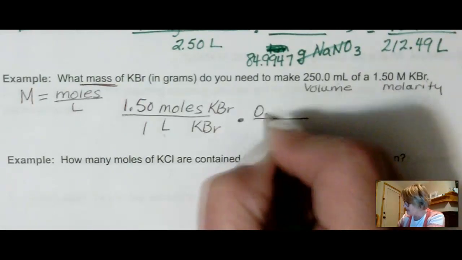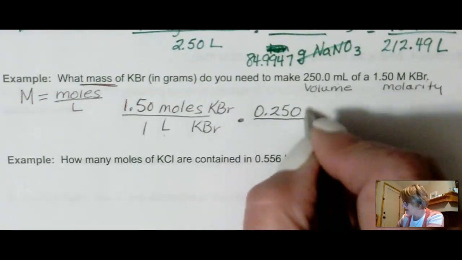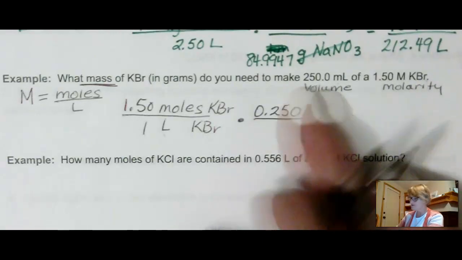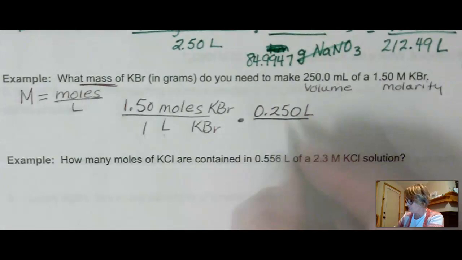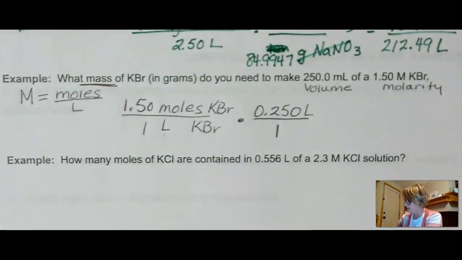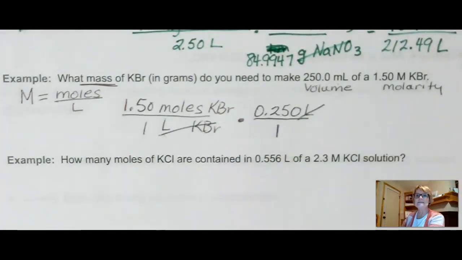Hopefully you know that. If you don't, then that is another issue. I don't have anything for this to go over, it's just 250 milliliters, so you could put it over 1. And that is going to do a cancellation there.